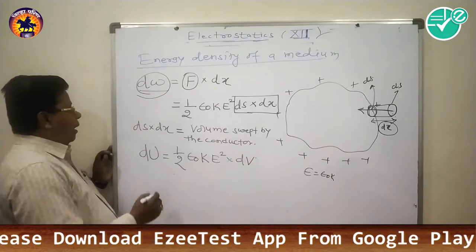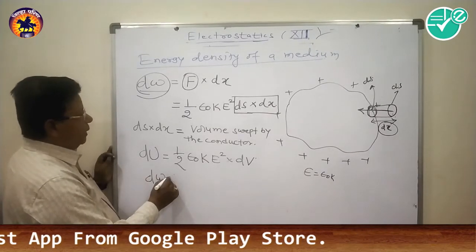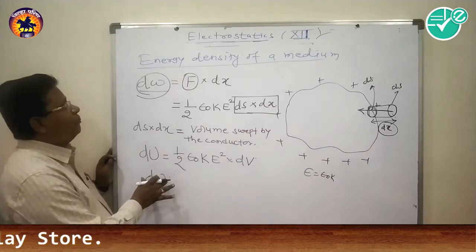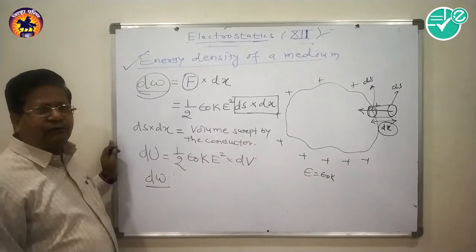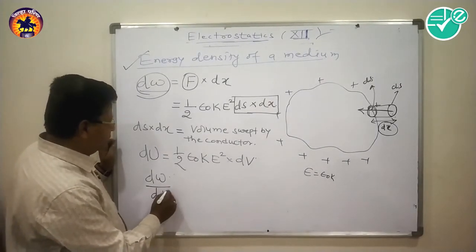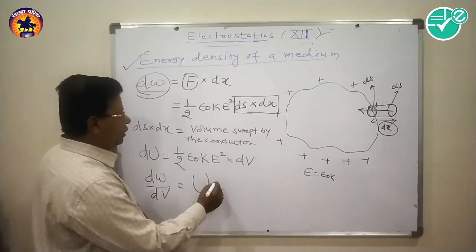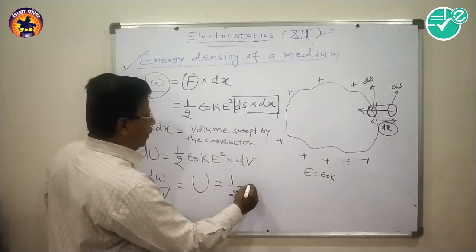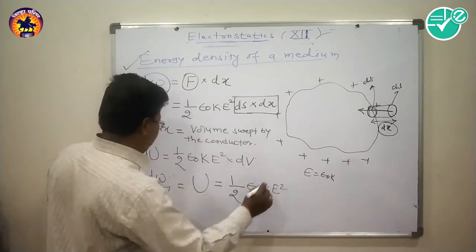So the energy in a medium is given by this equation, and hence energy per unit volume is called the energy density of the medium. So dU divided by dV is called the energy density of the medium, and which comes out to be 1 by 2 epsilon 0 K E square.